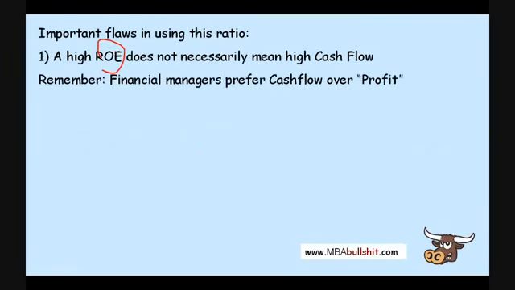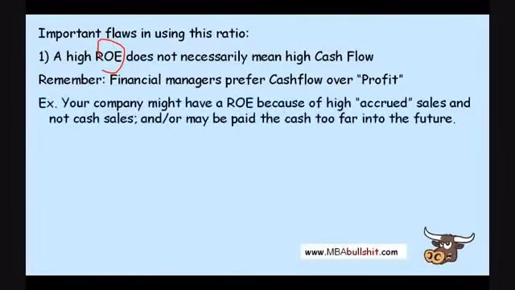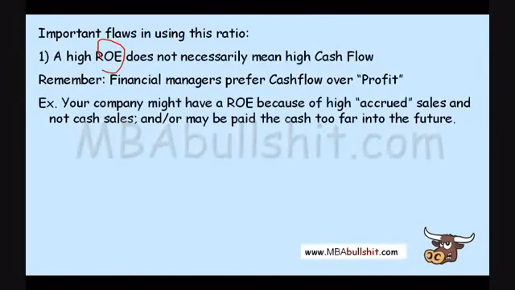Remember, financial managers prefer cash flow instead of profit. Your company might have a high ROE because of high accrued sales, meaning you make a sale but then your customer hasn't paid you yet. That's an accrued sale, and that will increase your profit without increasing your cash flow.